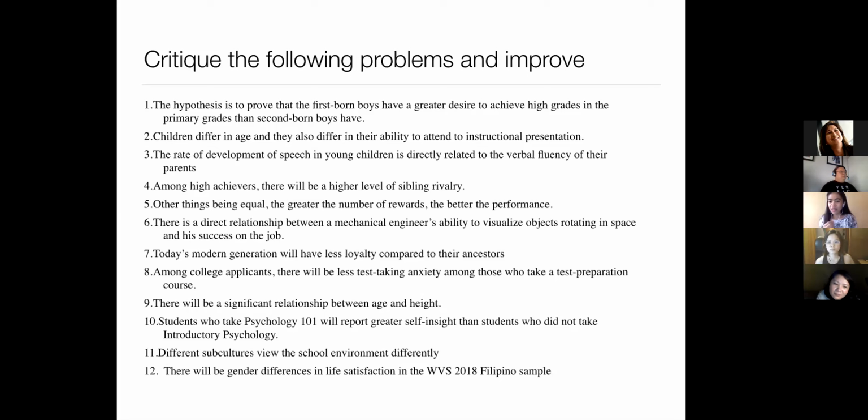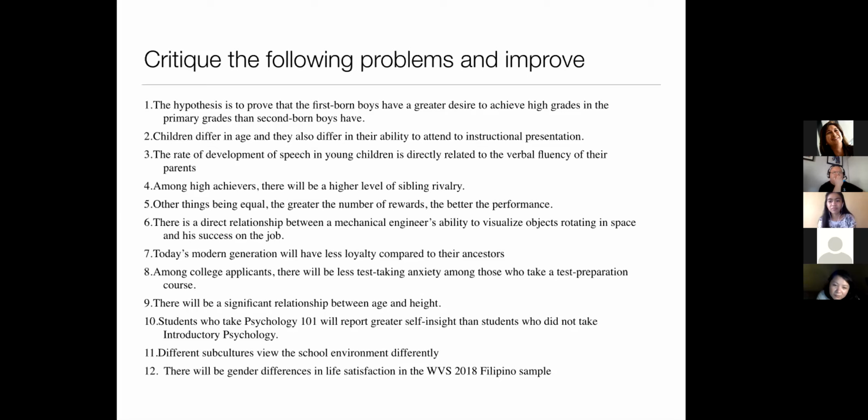Pero pag speech, rate of development of speech, is that different from verbal fluency? Parang oo, ma'am. It's quite different, I feel. What's the difference? Parang rate of development of speech is how fast the child acquires the verbal ability, while the other is fluency, the actual skill or adeptness. Okay.